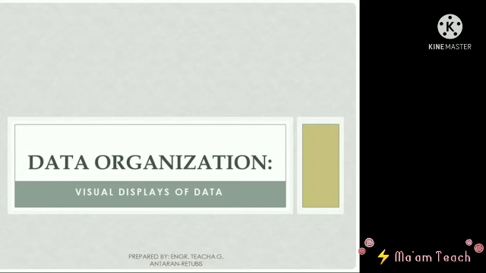As we have learned, class, data are usually collected in a raw form or raw format. Therefore, it is difficult for us to understand the information that we are trying to get. Therefore, this raw data needs to be summarized, processed, and analyzed.